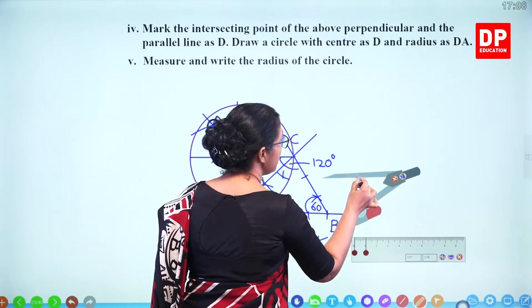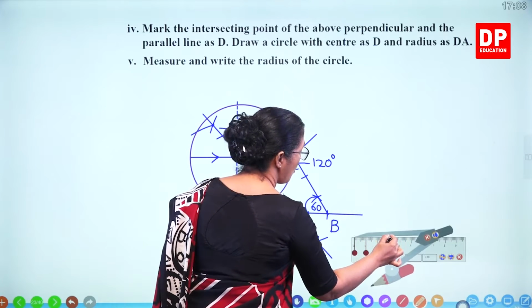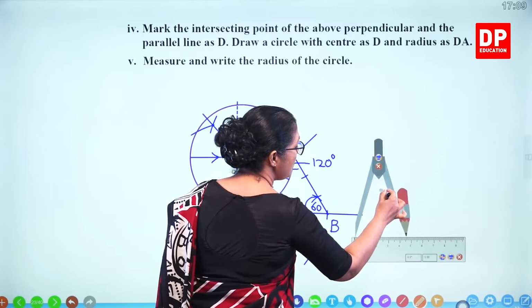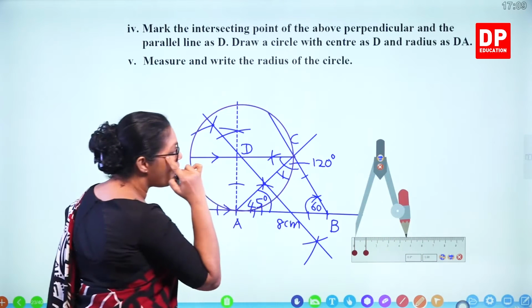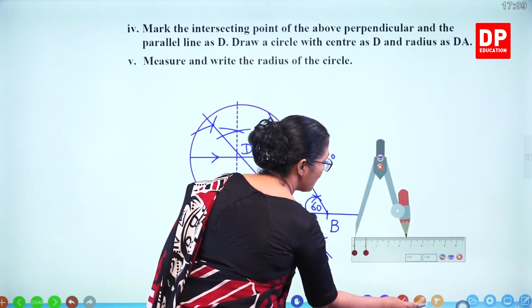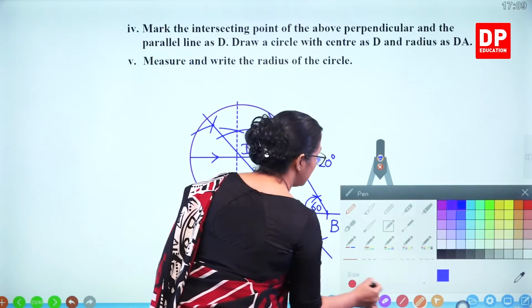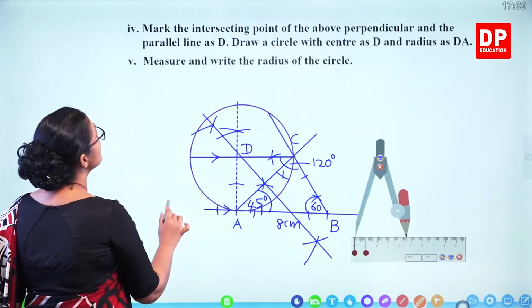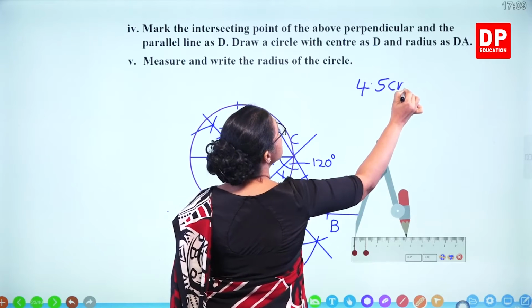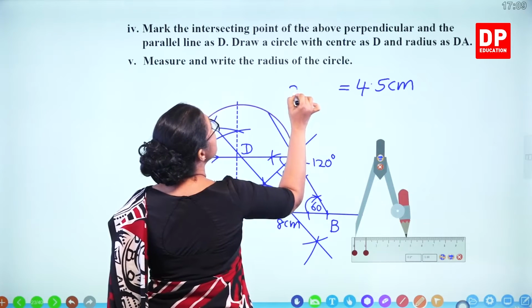So you keep the ruler on top and measure this. So 4.5. 4.5 is the radius of the circle. So 4.5 centimeters is the radius.